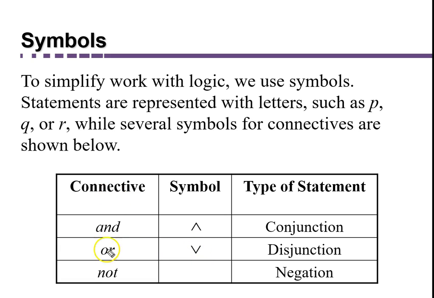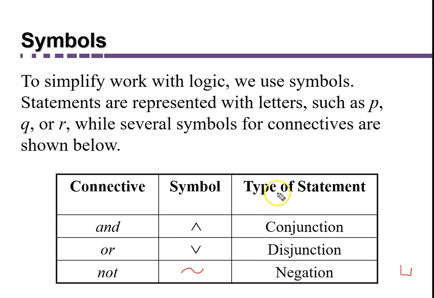Now, for the connective not, or as we will see here, the negation, is a symbol that looks like this. Now, for some reason, in some of the PowerPoint slides, when you see the negation, they're putting a box or something. I'm not sure what that reference is to, but this is the symbol for negation.